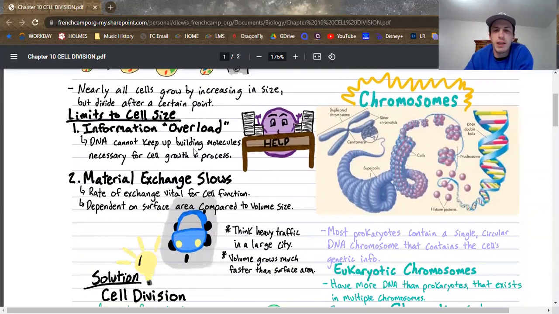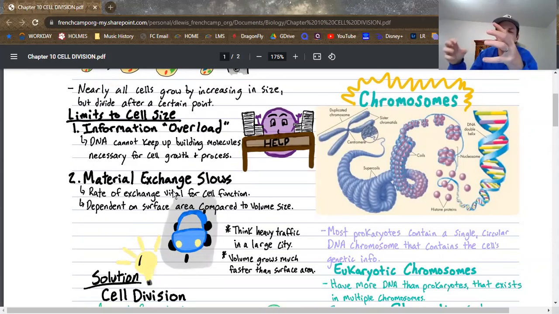But we talked about cell division. We said that a cell has limits to its size that it can grow, and those deal with information overload, meaning that the nucleus gets run down with information. There's too much data for it to process, and then material exchange in the cell is going to slow down as well. We compared that to traffic in large cities versus traffic in French Camp.